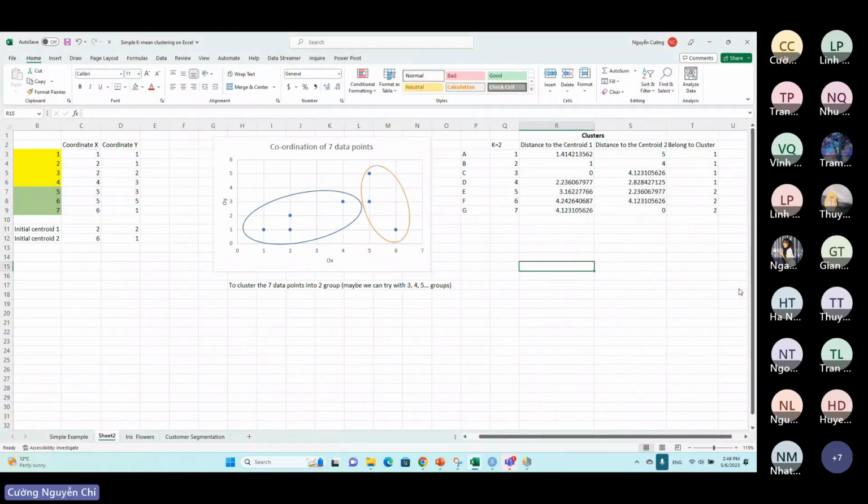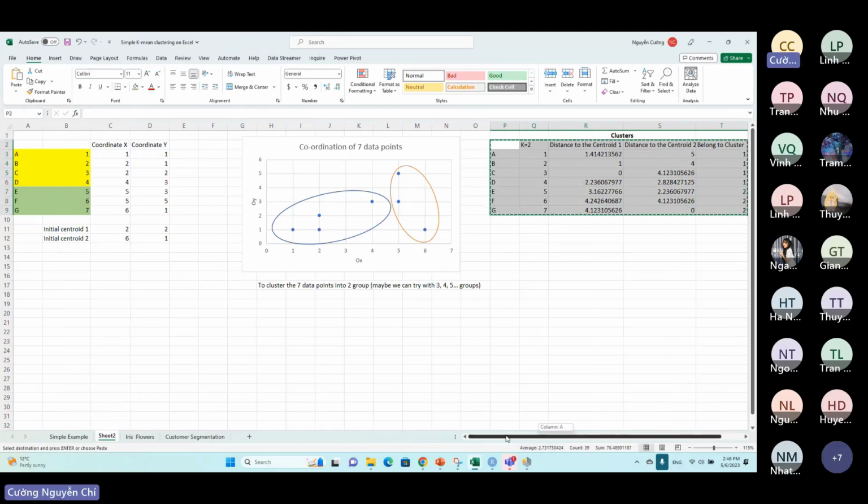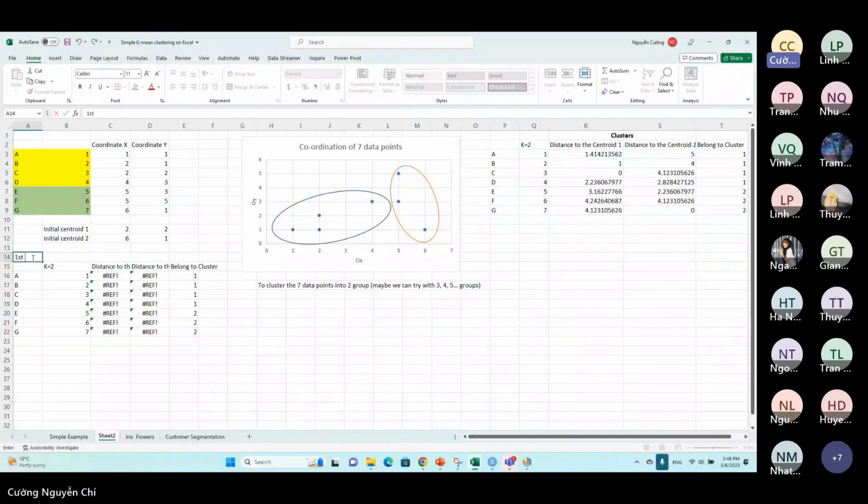Based on the first initial calculation, we're not sure whether it is correct or not, so we just save the result of the calculation over here, and we call this the first iteration, I would say, first trial.